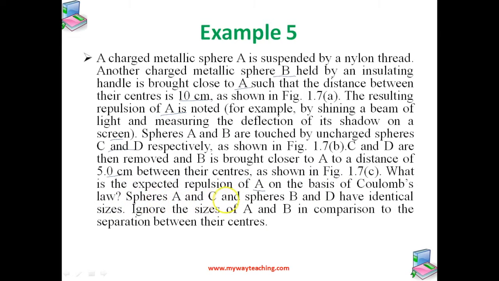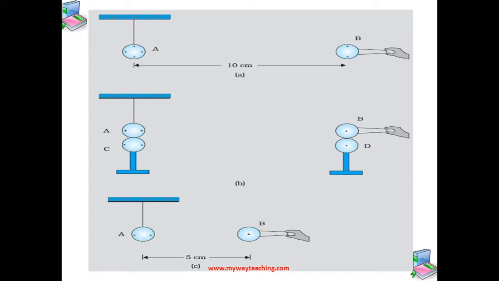Spheres A and C and spheres B and D have identical sizes. Ignore the sizes of A and B in comparison to the separation between their centers, which means we can consider them as point charges. So here they have described the whole scenario in terms of figures.